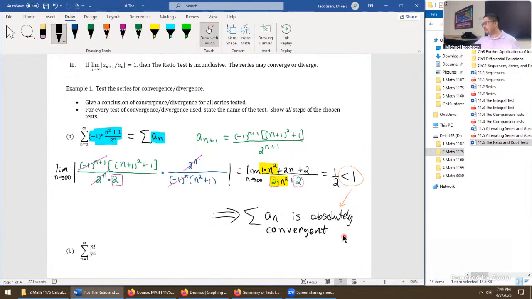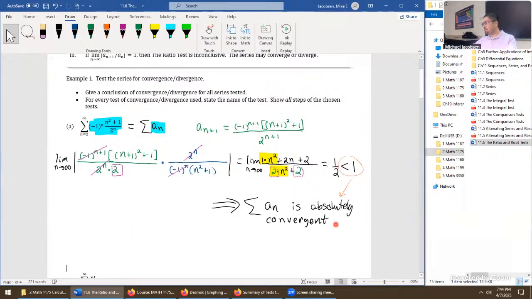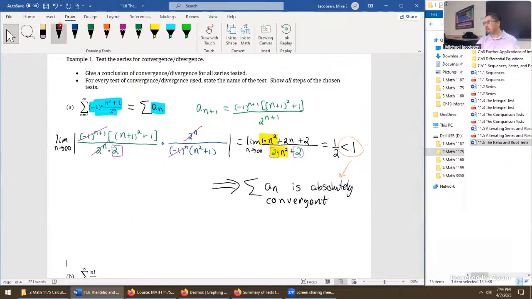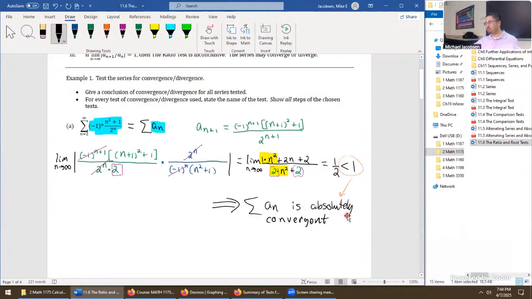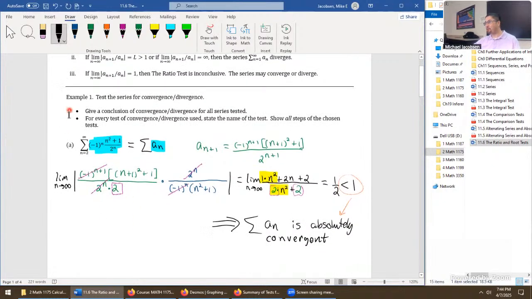And if you leave your statement right at that step, absolutely for full credit right here, or hang on, is it for full credit? We never said what test we're using. I mean, it's pretty clear. It's looking at us, but just for the sake of how we solve them on homework and on exams, let's say by the ratio test.